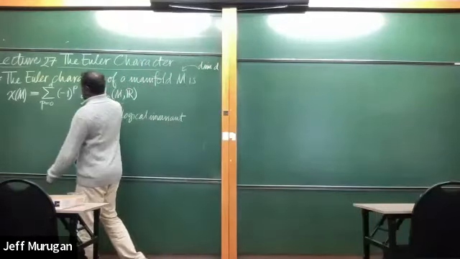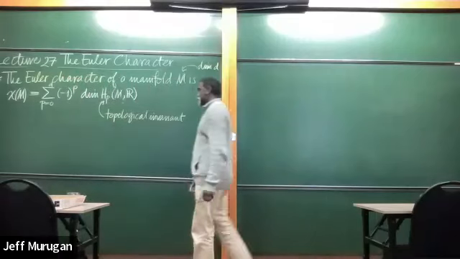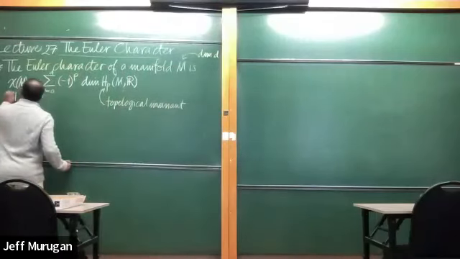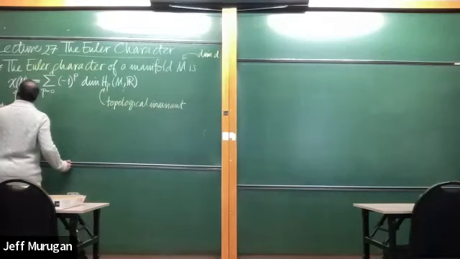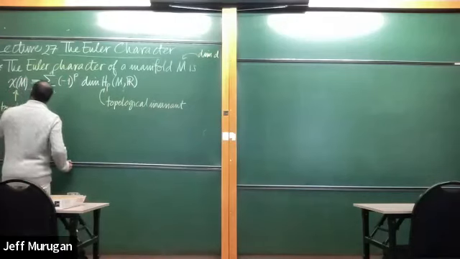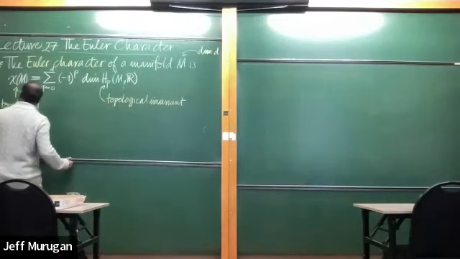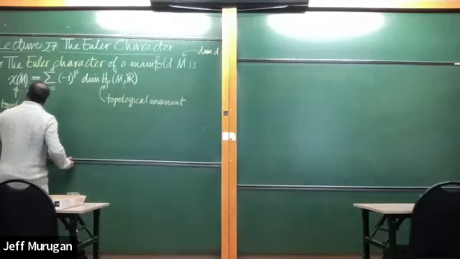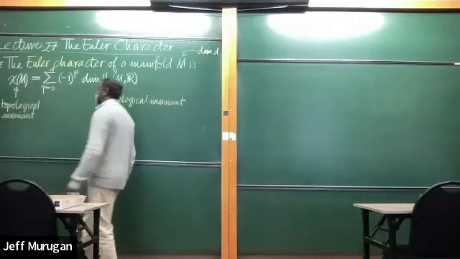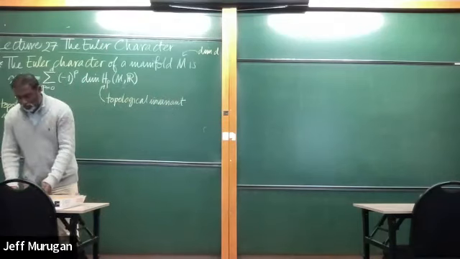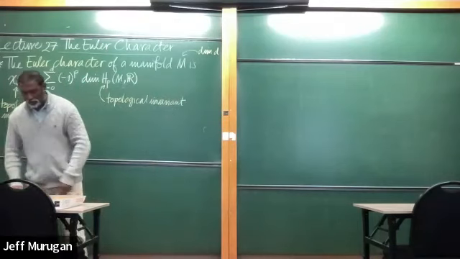So every term in this alternating sum on the right hand side is a topological invariant, and hence the Euler characteristic on the left hand side must also be a topological invariant. But as I said, this is probably not the definition that you grew up with.